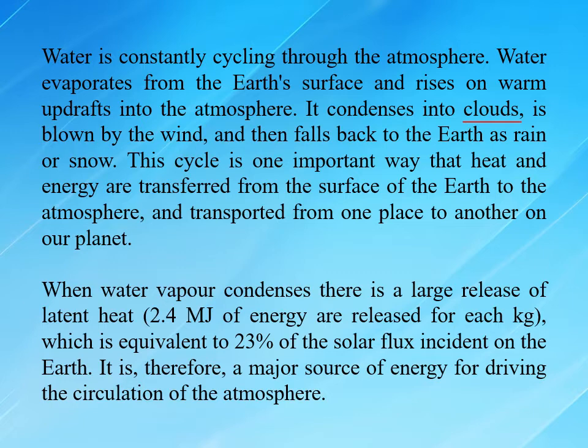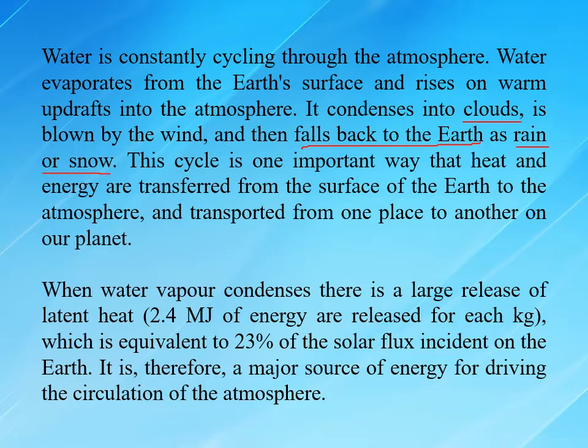Now with sufficient further cooling, the clouds condense more. The tiny water droplets collide with each other, form larger water drops, and with time, when the cloud is not able to hold them, they fall back to the earth's surface in the form of rain, or if further cooling occurs, then it falls on the earth's surface in the form of snow.